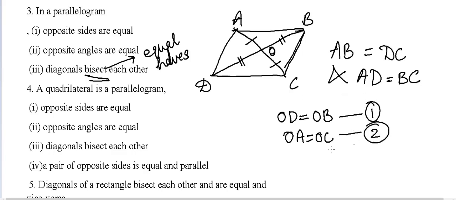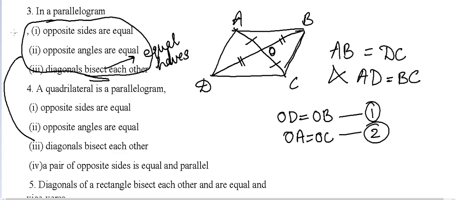So this means the diagonals are bisected. If they bisect each other, it means they will divide each other into two halves, right? Now, if all these three points are satisfied in any type of quadrilateral, then these two are vice versa, okay?